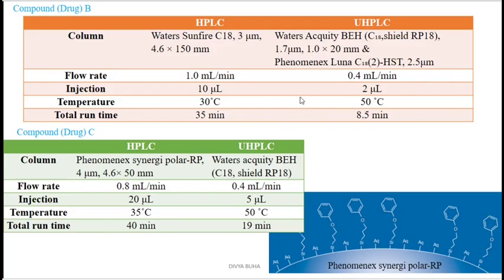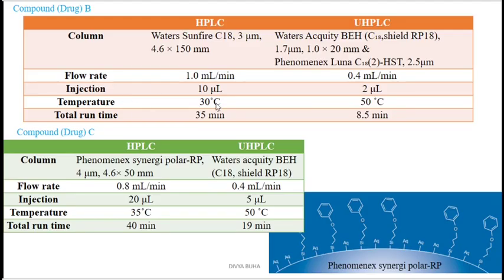UHPLC. Now if you see the flow rate, over here the flow rate is 1 ml per minute, over here it is 0.4 ml per minute, so it is less in UHPLC. Injection volume is 10 microliter here and it is 2 microliter here, so again injection volume is lesser in UHPLC. And we have already studied in the previous lecture that the maximum injection volume which you can take for UHPLC is 8 microliter, right?